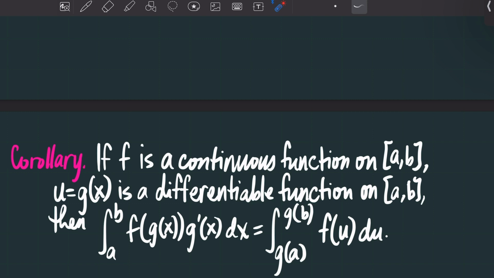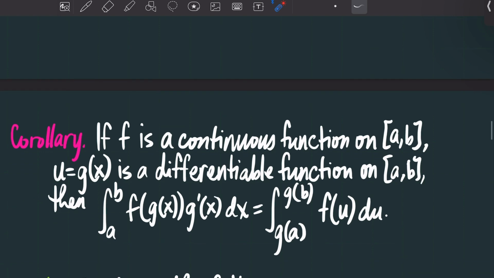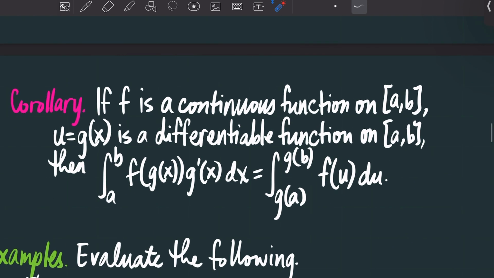If f is a continuous function on this closed interval a to b, and u equals g of x is a differentiable function on that closed interval, then the integral of this one, f of g of x times g prime of x dx, is just the same as the integral of f of u from g of a to g of b.